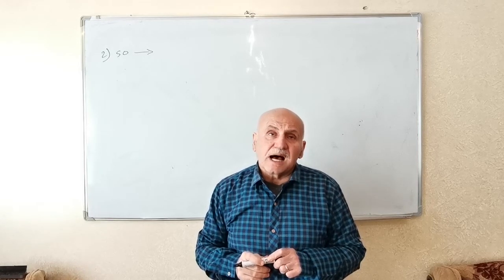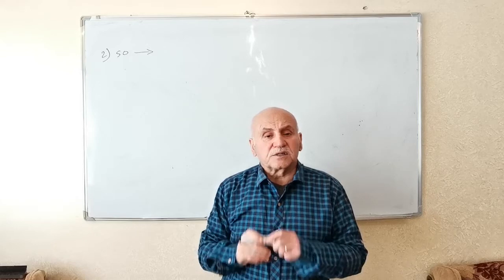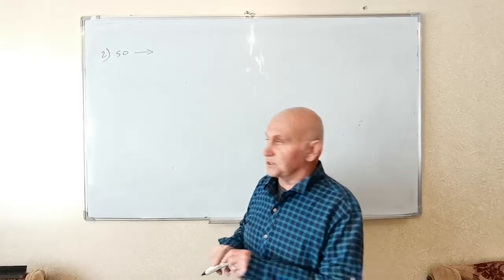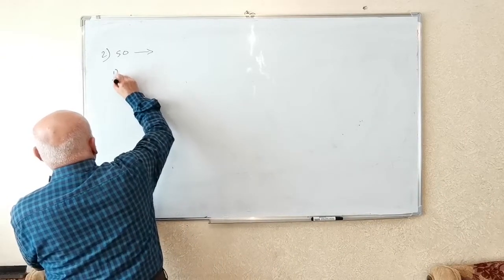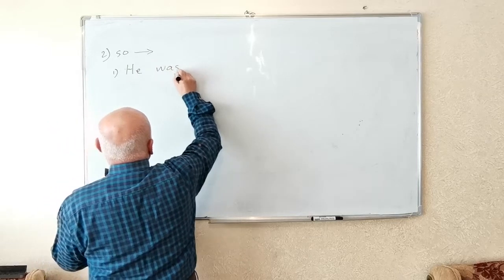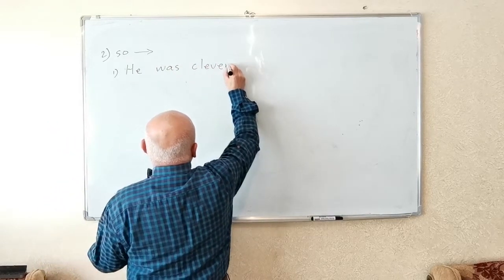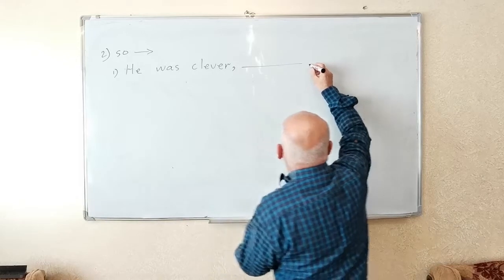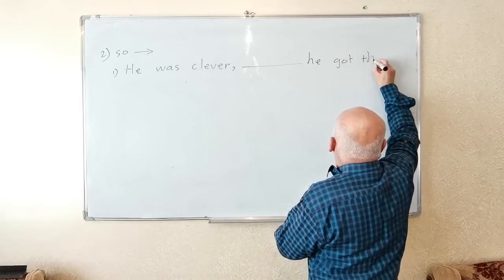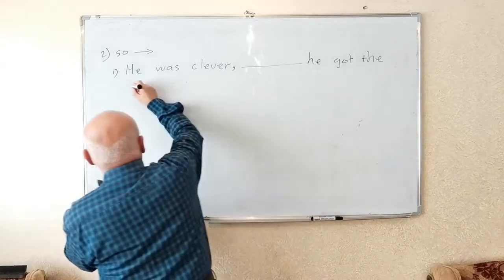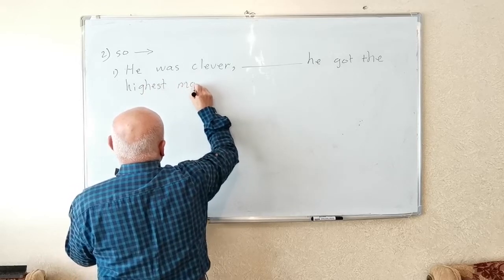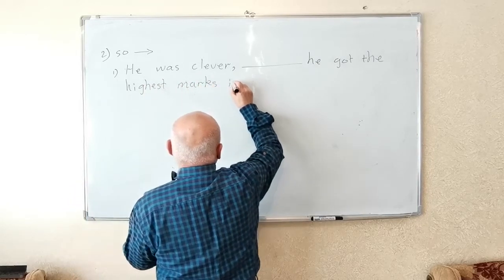Because, since, as are followed by reason. On the other hand, so is followed by a conclusion. Number 1: he was clever. He got the highest marks in the class.